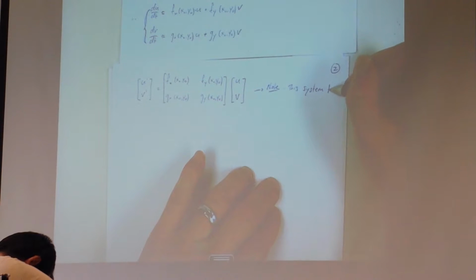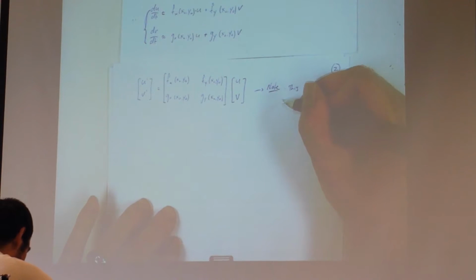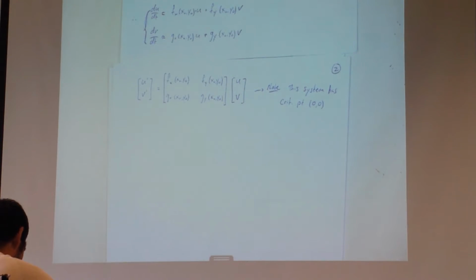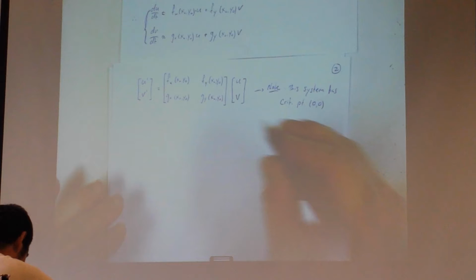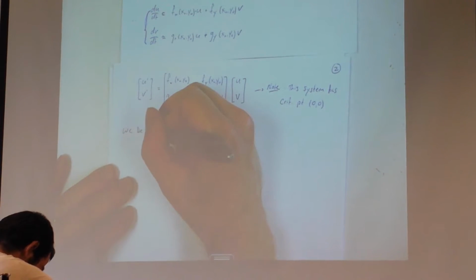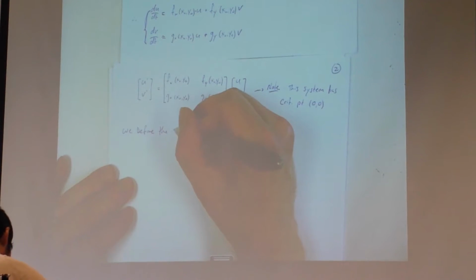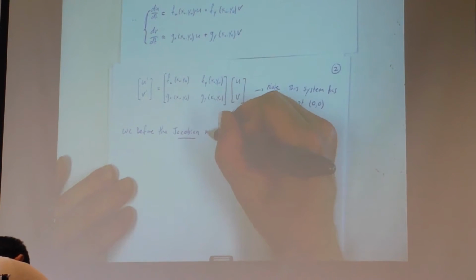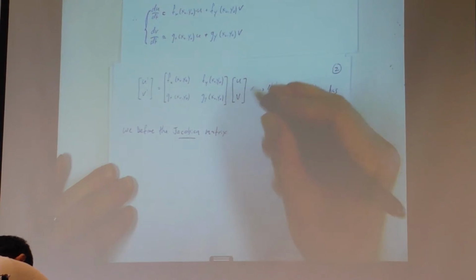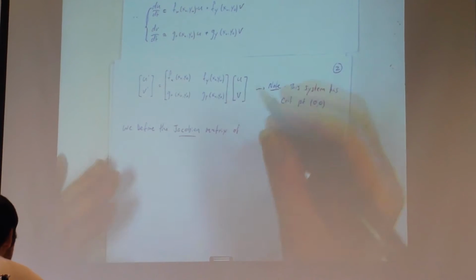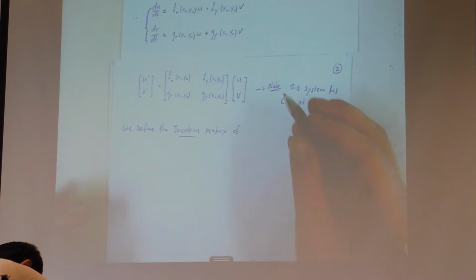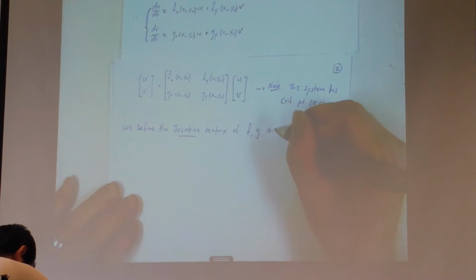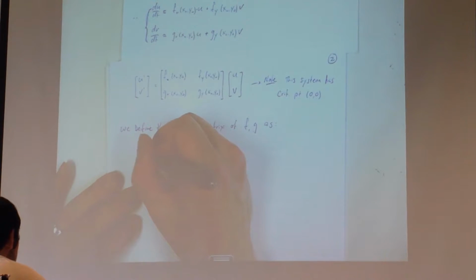So this system has as its critical point 0, 0. Transformed. Okay. We define the Jacobian. So the Jacobian of the functions f and g is a matrix.